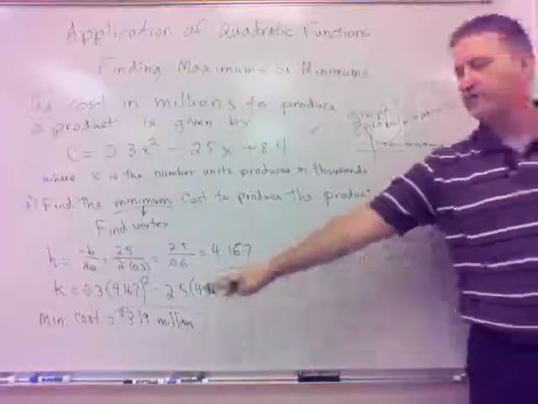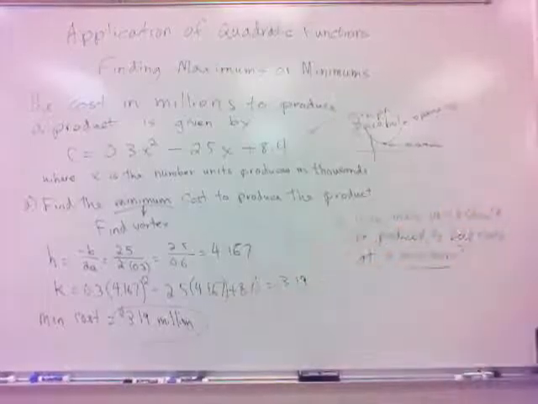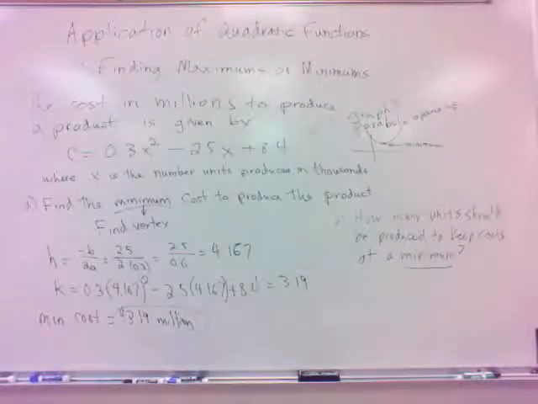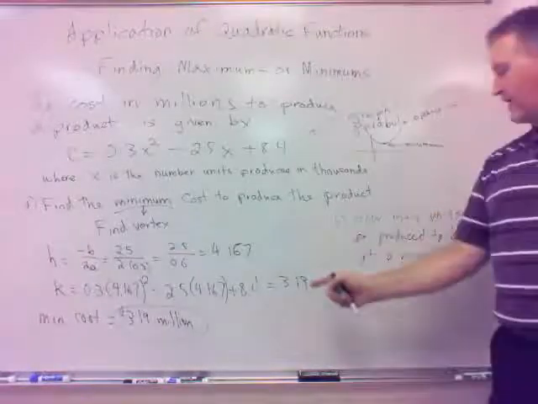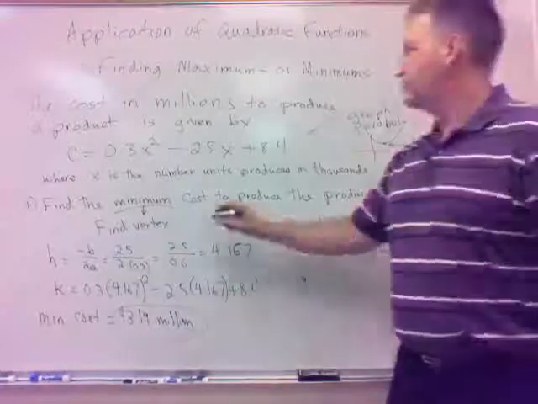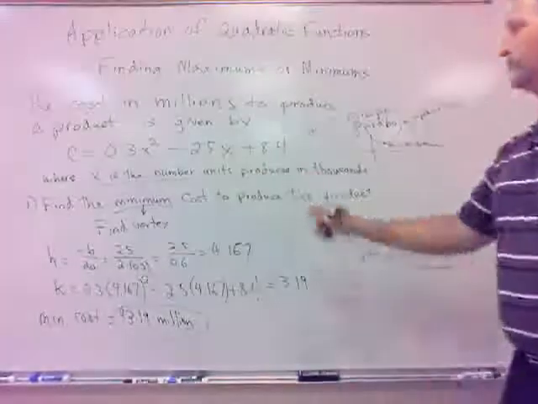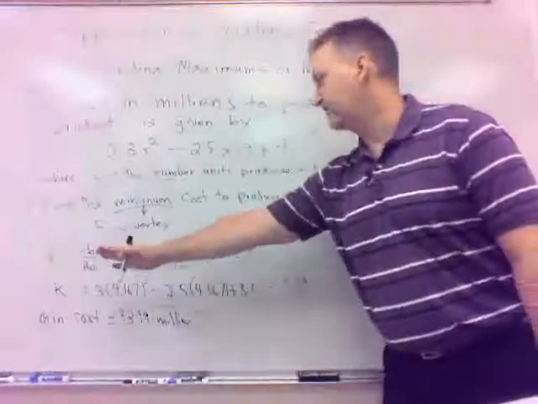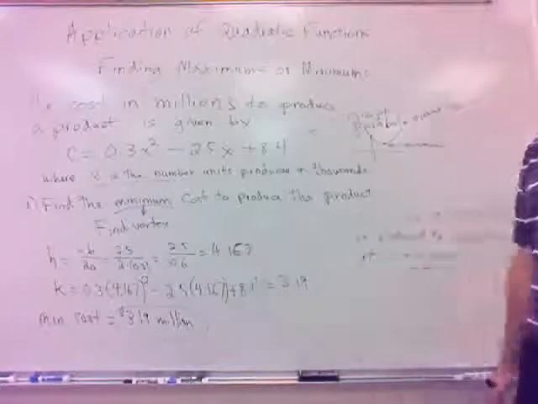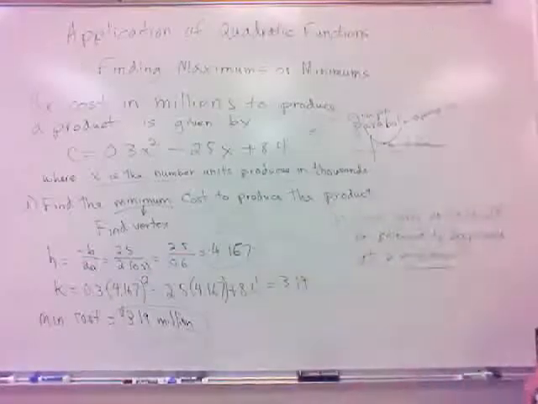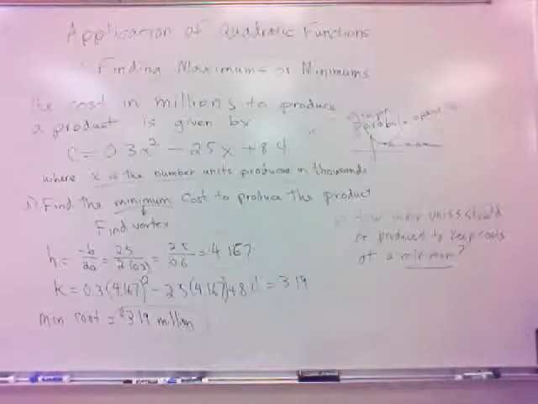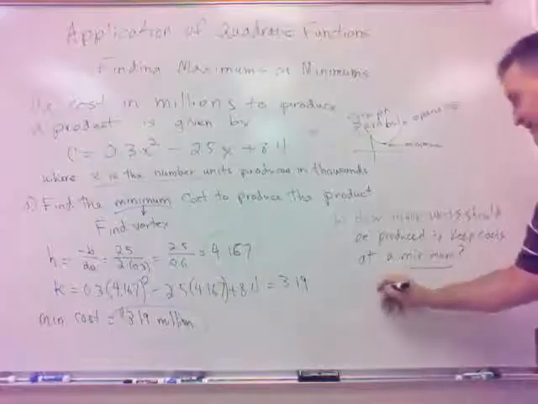The k value gave us the actual cost, so it's not 3.19 units or whatever. Where do I go for this one? It's the h value, yeah. The number of units produced is the x value. Well, h is an x value, so it must be tied in with this number. Now, it's not 4.167 units, though, is it? What's the answer? It is the h value.